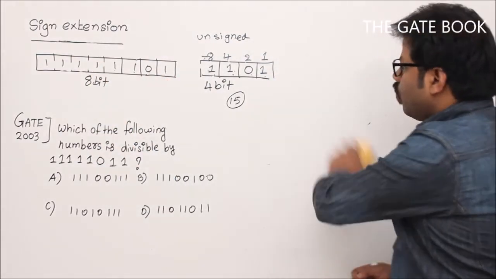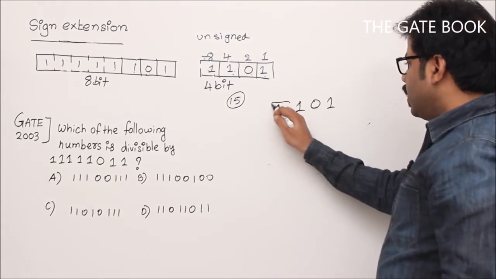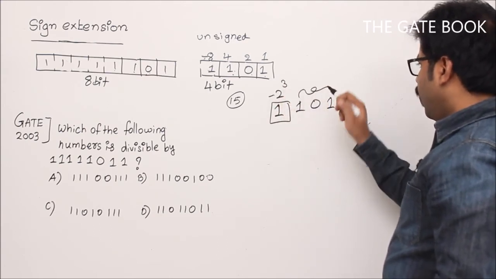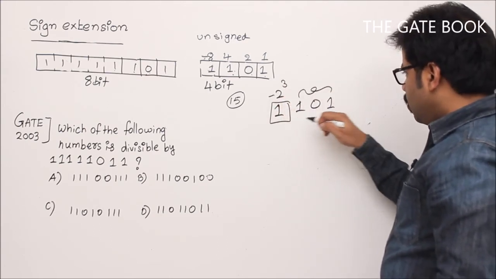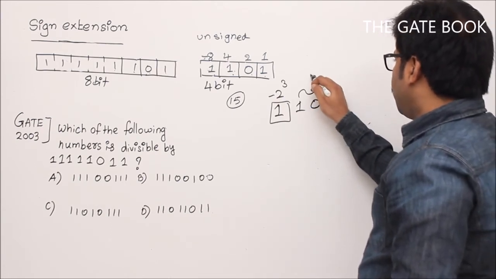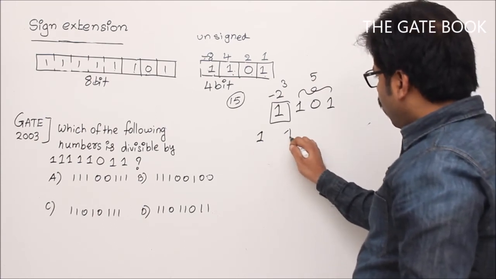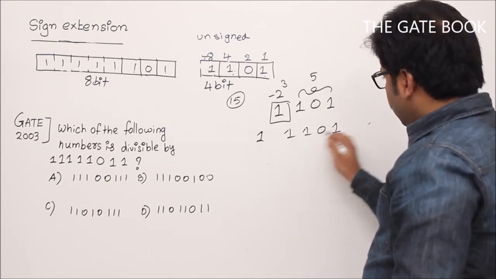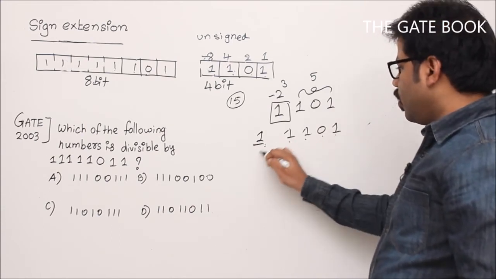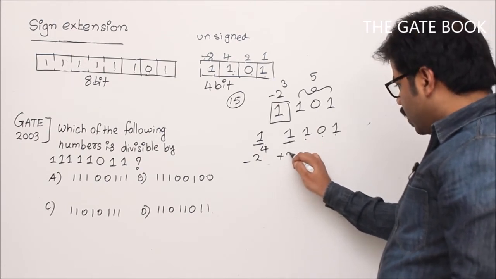So let me show with one example. 1 1 0 1. Since there is a 1, its weightage is minus 2 cube, correct? Now this value, whatever it is, all the remaining bits have positive weights. Let's say that is 5 here. Now if I extend it with one more 1, like 1 followed by 1 1 0 1, it gets 2 power 0, 2 power 1, 2 square, 2 cube, 2 power 4, minus 2 power 4, and this one now gets positive weightage, 2 cube.